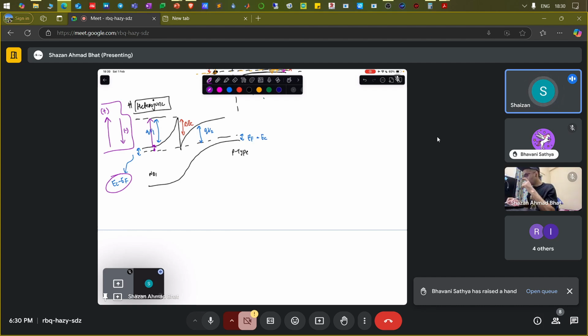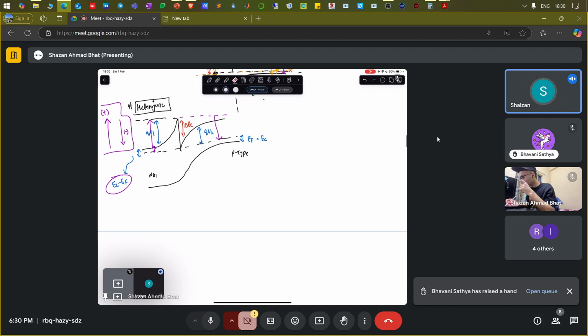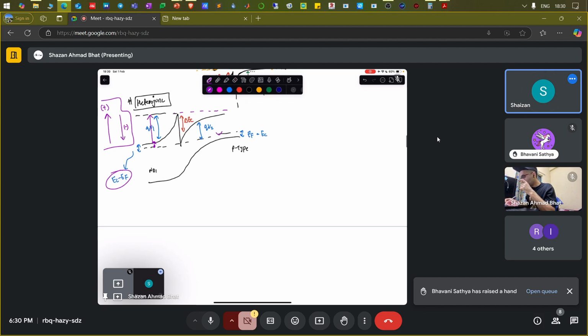Okay, then you are now on this line. You have to move on to the other side. Now you go down by this particular thing, which is basically the delta EC, the conduction band offset. Maybe this might confuse you.